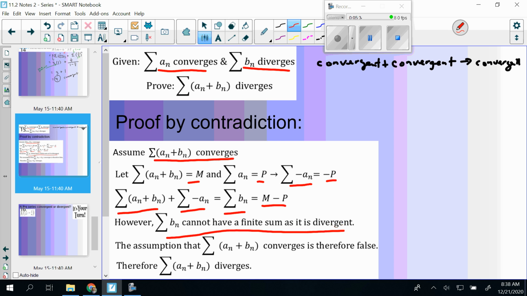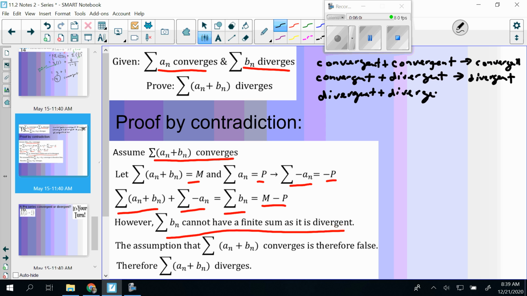So anytime you add two convergents, you'll get a convergent. If you add a convergent plus a divergent, we always know the sum is going to be divergent by the proof by contradiction right there. And then the last scenario, if we add two divergents, that's the trickiest one. In this case, we don't know.